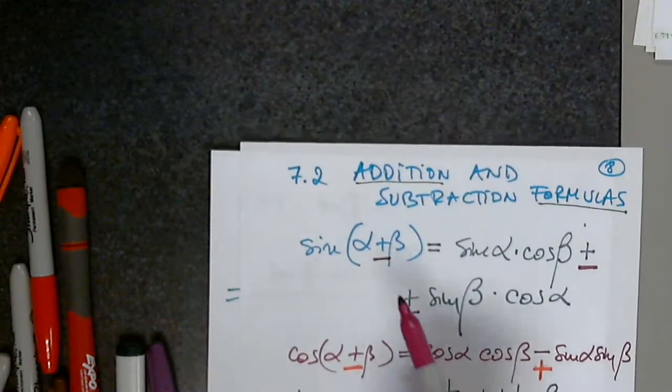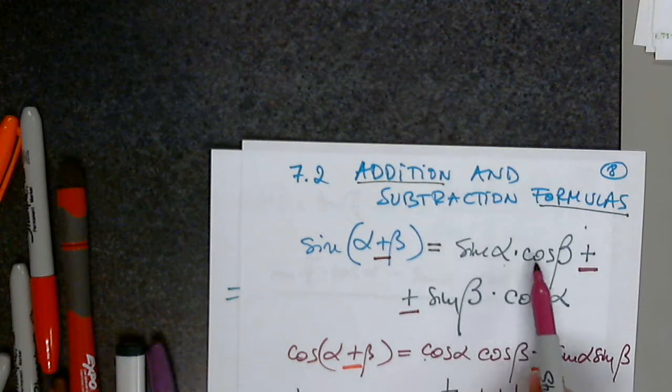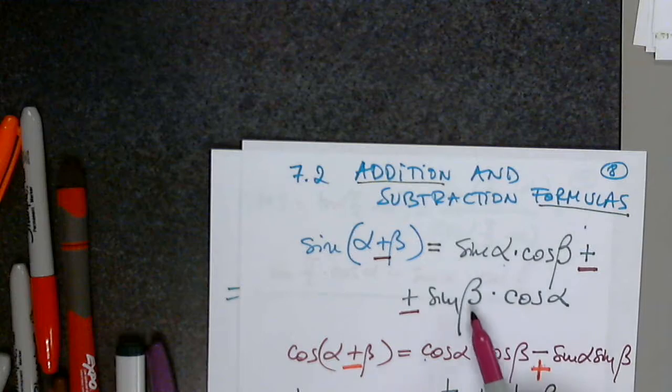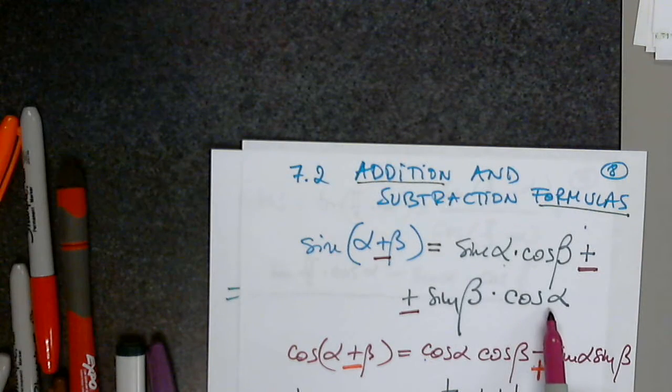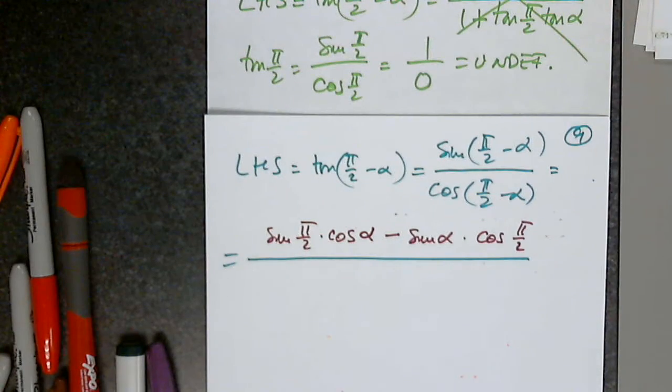So here it is. If this is pi over 2 and this is alpha, sine pi over 2 cosine alpha minus sine alpha cosine pi over 2. Now, can anyone dictate the denominator, please?